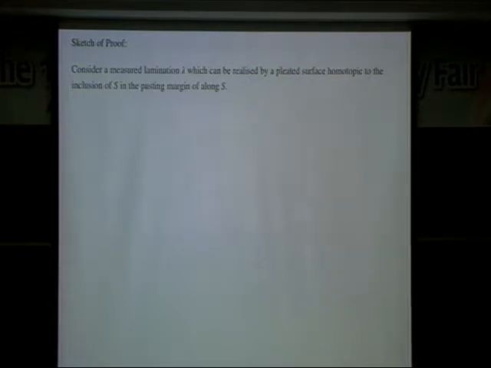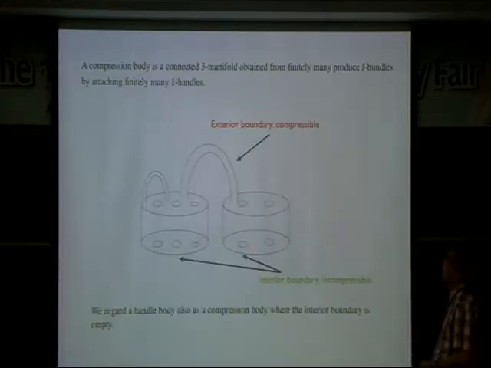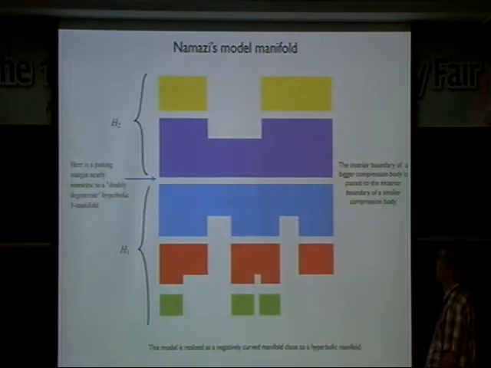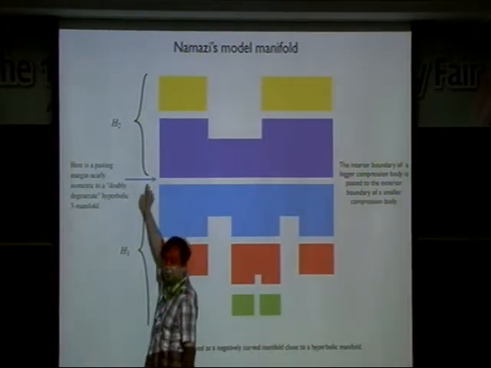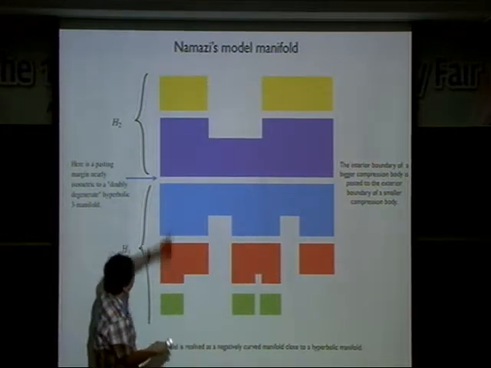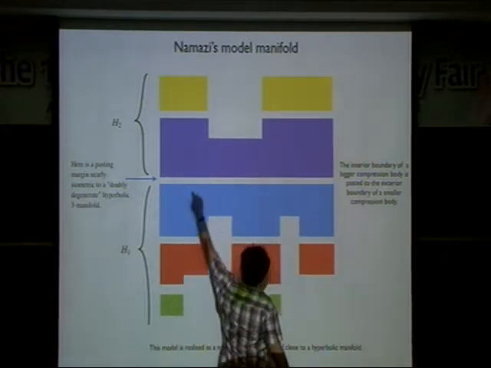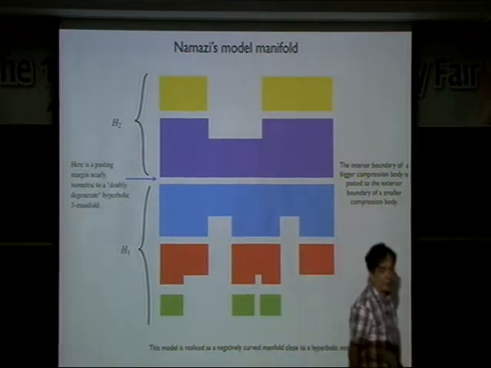Let me explain it in this picture. You have a surface here, that's the splitting surface, and you draw some lamination on this surface.